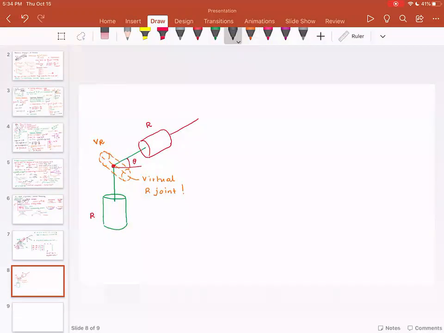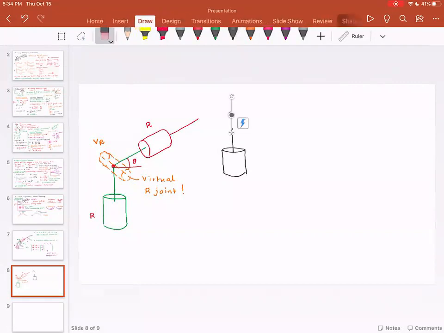So I'm going to draw the new kinematic diagram with this virtual revolute joint, and then you will realize what happens. So this becomes my first revolute joint. Then I have a second revolute joint. This revolute joint did not exist in the initial robot, but this virtual joint I added just to make my life easier. And this is a virtual revolute joint.